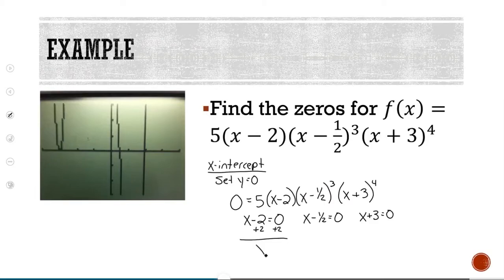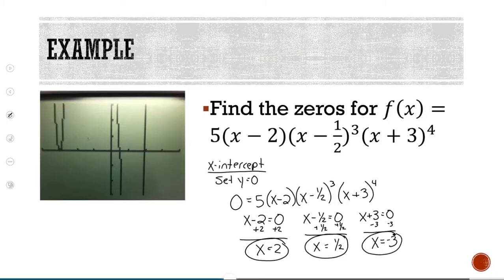So I'm going to get x is equal to 2 as a 0. I'm going to add 1/2 here. So x is equal to 1/2. I'll subtract 3 here. So x is equal to -3.